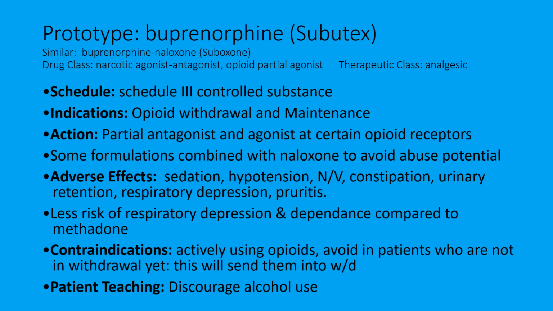But by having partial agonistic effects, it blunts some of the withdrawal symptoms, meaning as you withdraw from a full agonist, such as heroin or morphine, you can add something like buprenorphine or buprenorphine and naloxone to have partial stimulation of the opioid receptors and much less withdrawal symptoms. And as well, you can maintain someone on this after they've withdrawn. Okay?